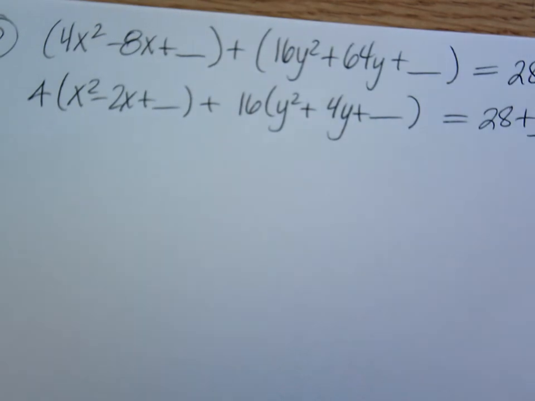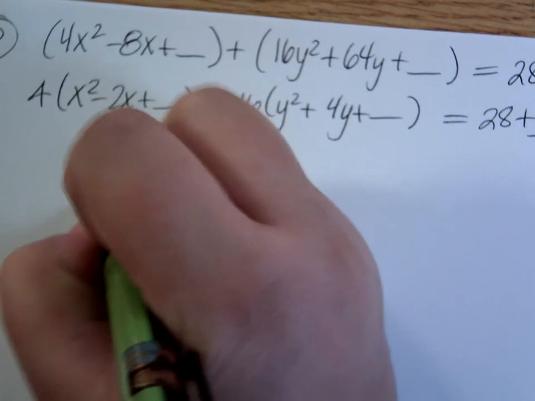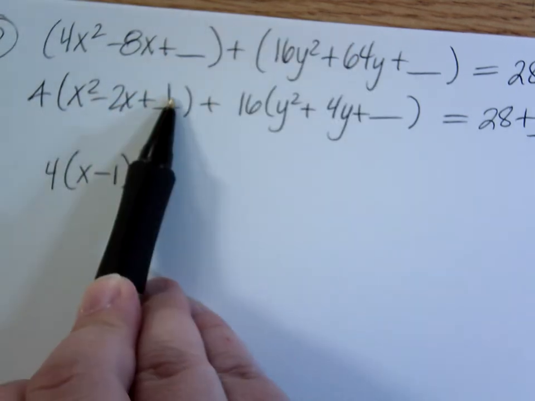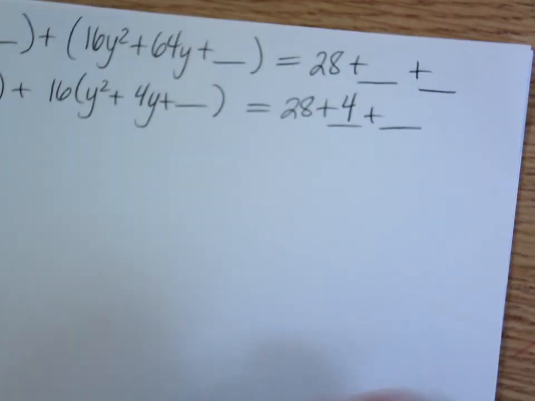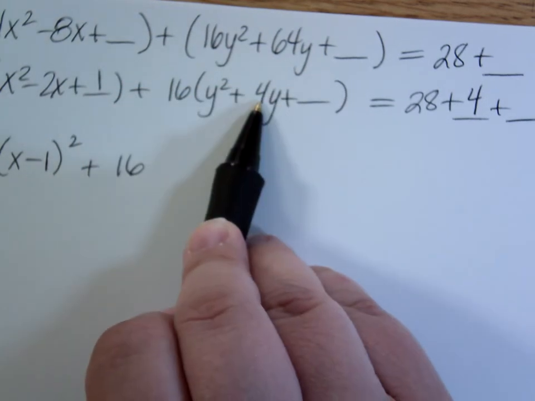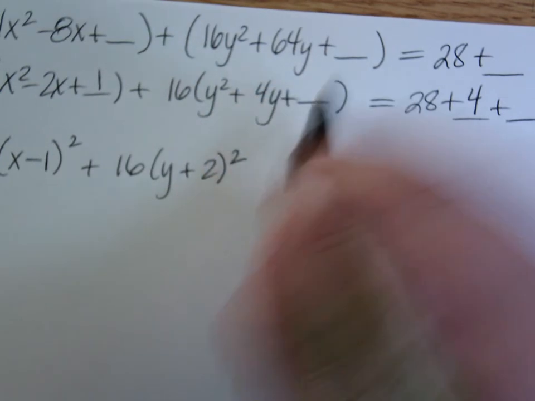Okay, now I'm going to complete the square here. Half of -2 is -1. -1 squared is 1. That means I just added 4 times 1 to the left. So come over here and add 4 times 1 to the right. Then I've got half of 4 is 2. Square it and I get 4.